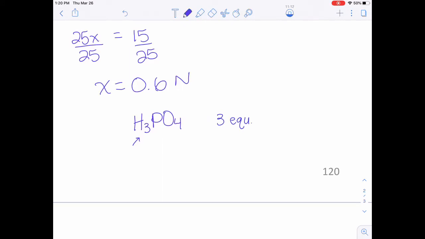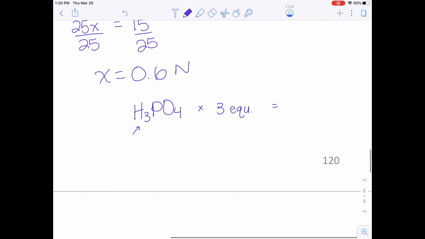Since we're working backwards, starting with the normality, we're going to divide it by 3.